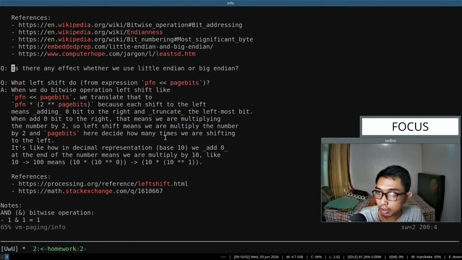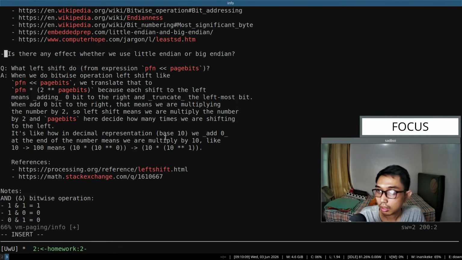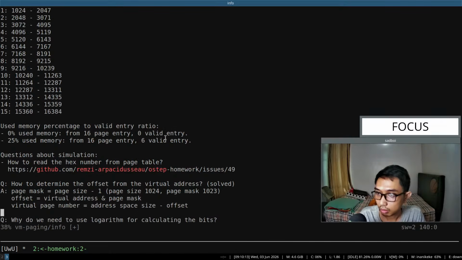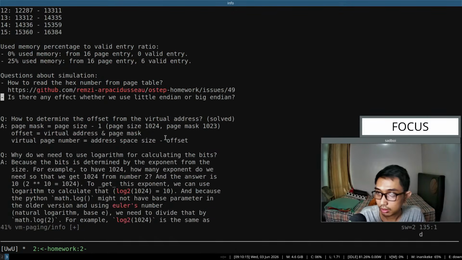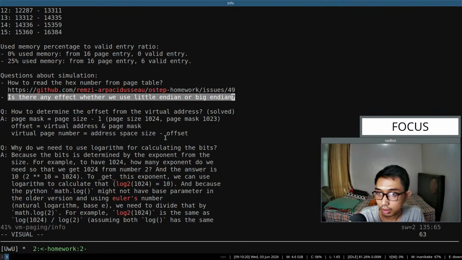Maybe we will try answering this question on the next session. Let me put this in here. I'm kind of curious if there is any effect whether we use little endian or big endian.